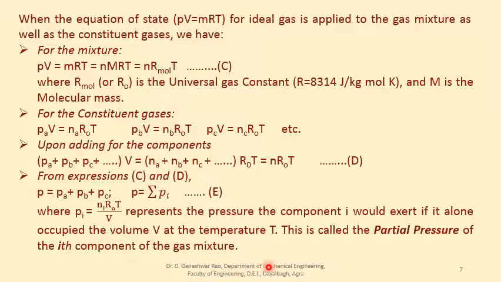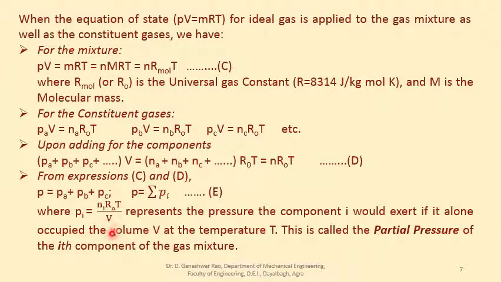So basically, what is partial pressure? Partial pressure of any gas is the pressure that the component would exert on the walls of the container if it is present alone in the same volume at the same temperature, right? So this is called partial pressure.